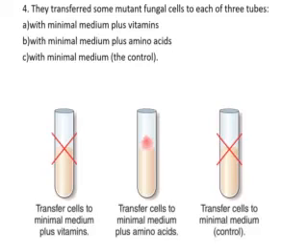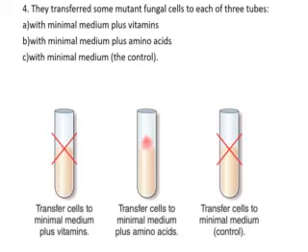They transferred some of the mutant Neurospora crassa to each of these 3 tubes. Apparently in the original experiment there are 7 tubes, but to simplify learning, we just focus on these 3 tubes.